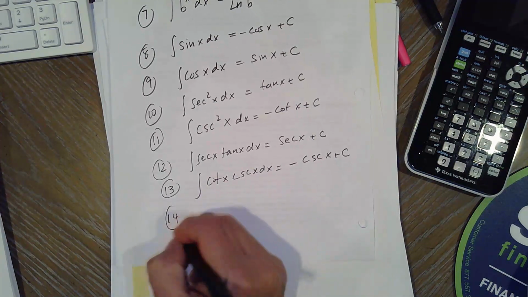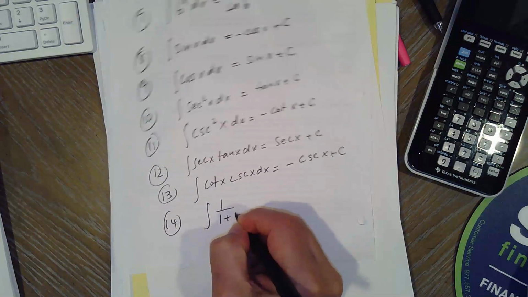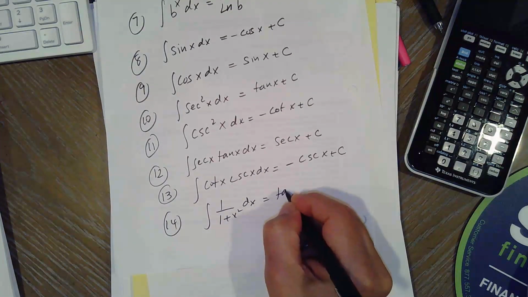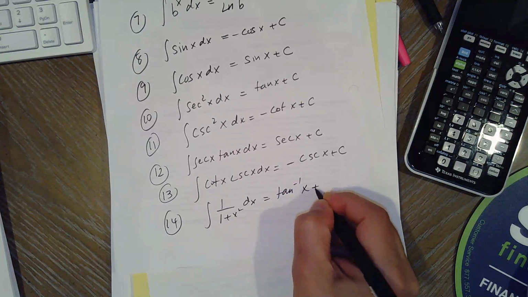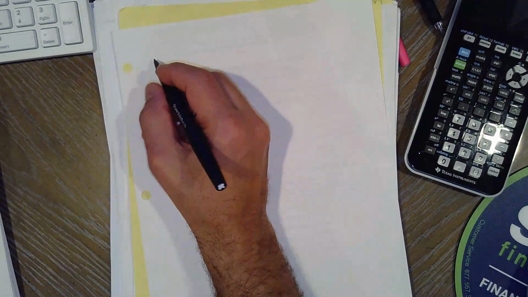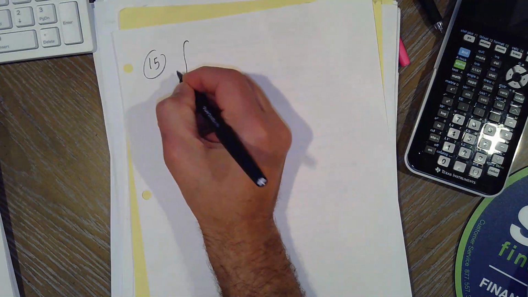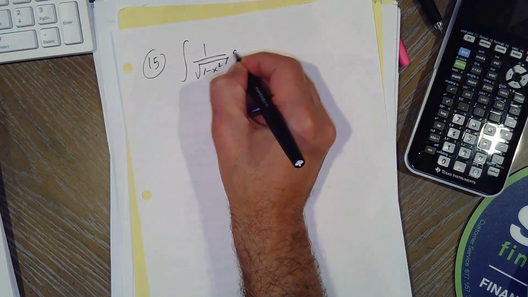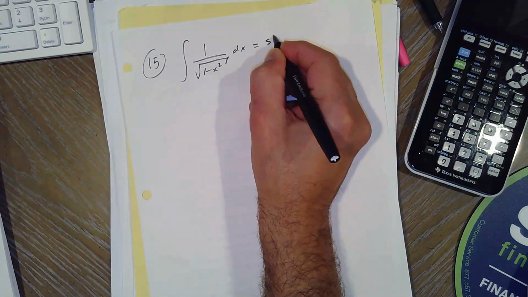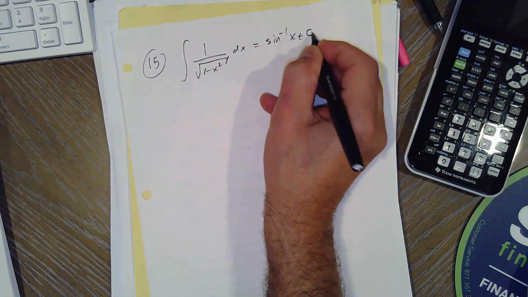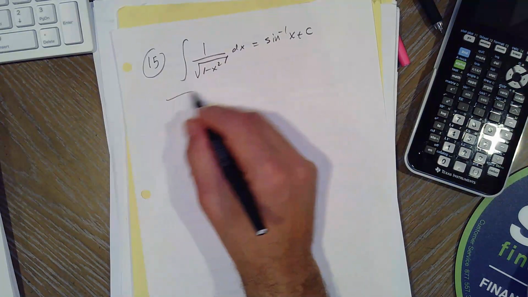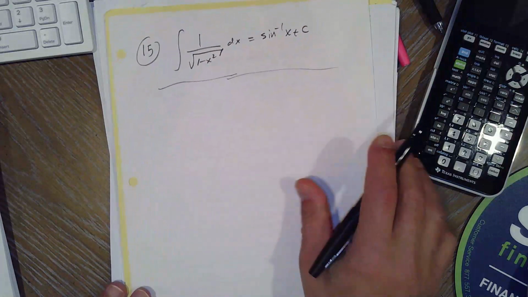Integral of 1 over 1 plus x squared dx is tangent inverse x plus c. And rule number 15, integral of 1 over square root of 1 minus x squared dx is sine inverse x plus c. That's all we have to do, okay?